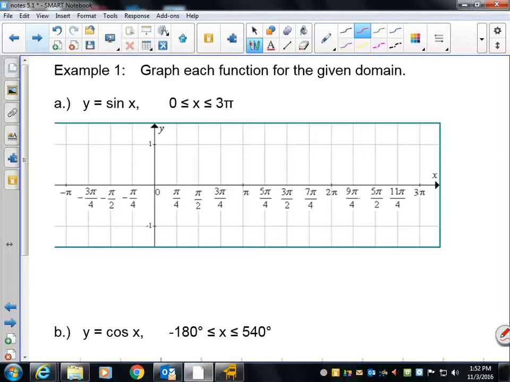So realistically, where does sine start? And then it goes up to 1 at pi halves. Then goes down to 0 at pi. Then negative 1 at 3 pi halves.